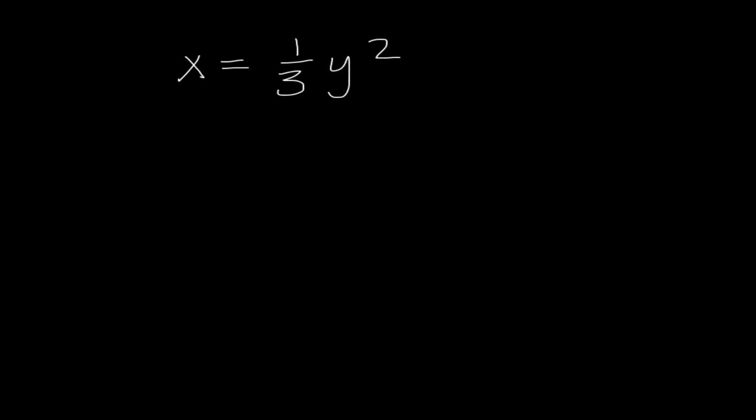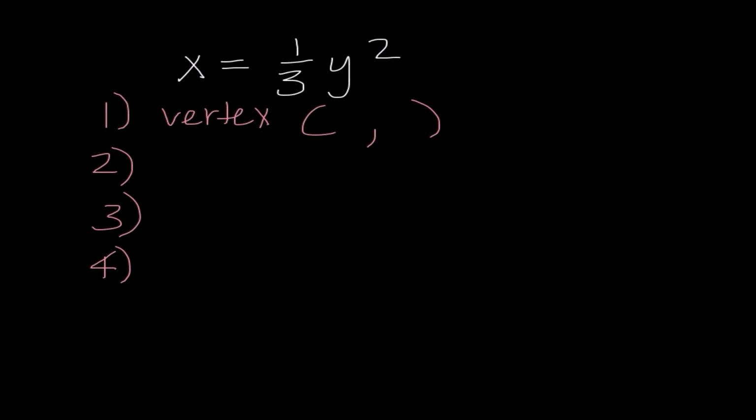Here we go. Okay, I'm going to list out my 4 characteristics. So when I'm determining the vertex, I know that it is whatever is inside the parenthesis and then my constant. Now, I don't have anything in the parentheses, so that means my y value here is going to be 0. Since I do not have a constant, that means my x value is also 0.